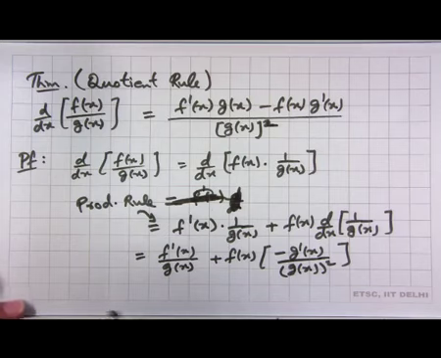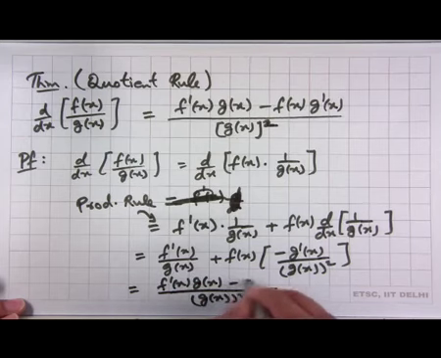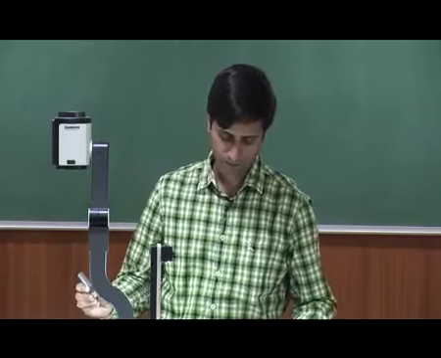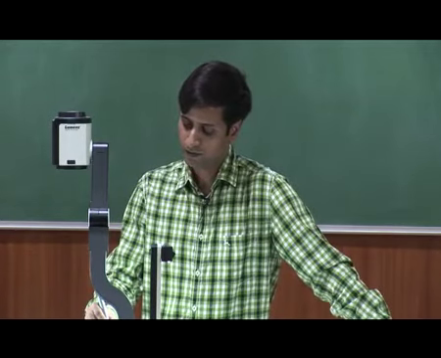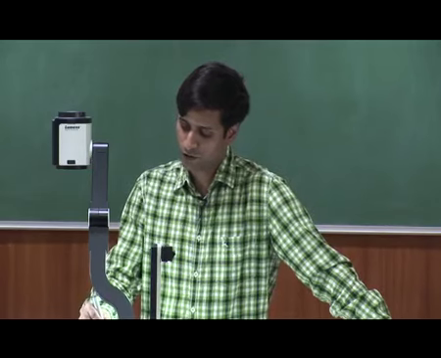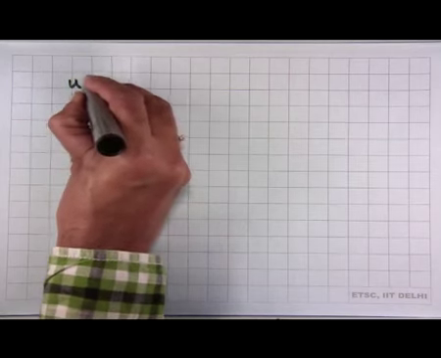Right. And then if you take the common denominator g of x squared, we get f prime x times g of x minus f x times g prime x. Right. So, let us summarize the product rule and the quotient rule. The product rule, sometimes we will also write using the notation u v.